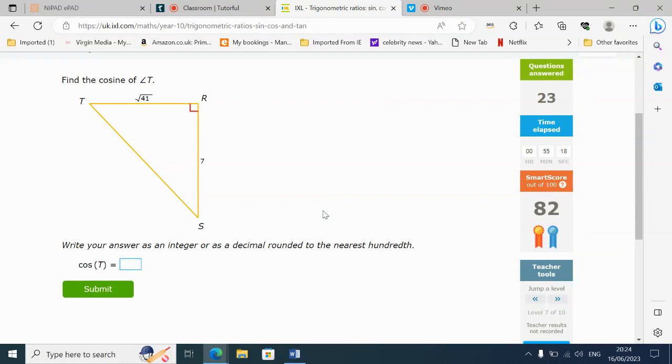Okay, multiply it by itself. 6.4031 times 6.4031 is 40.9996. Did you say three nines? Yeah, three nines.